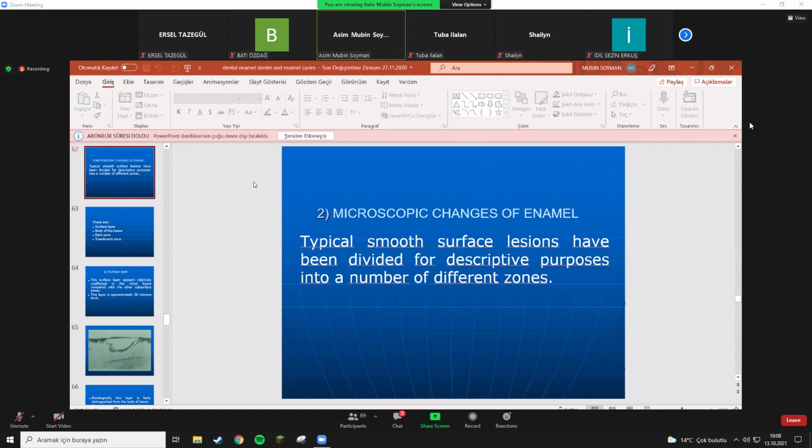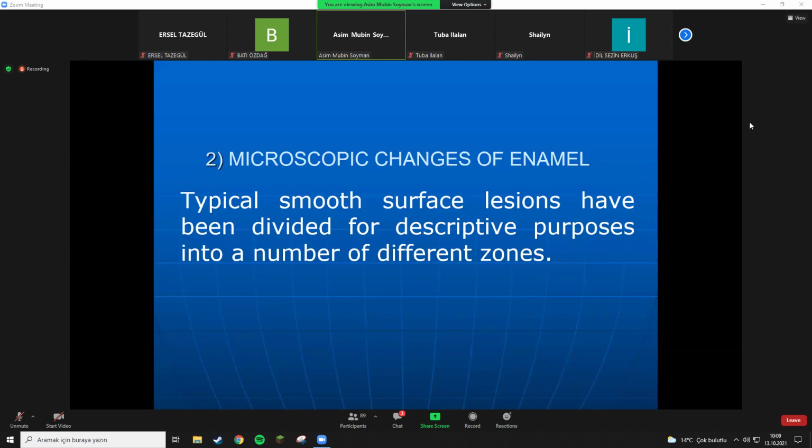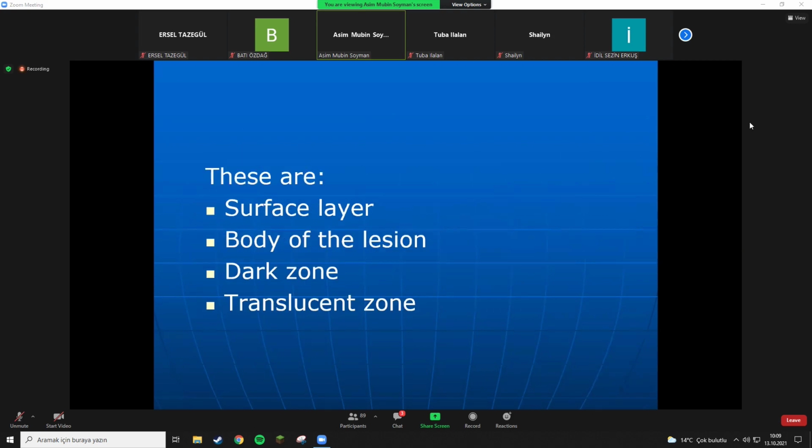Now, let's start again. Excuse me for this interruption. We are going to continue from where we stopped and talk about the microscopic change of enamel. Let me have a bigger magnification for you. Typical smooth surface lesions have been divided for descriptive purposes into a number of different zones.